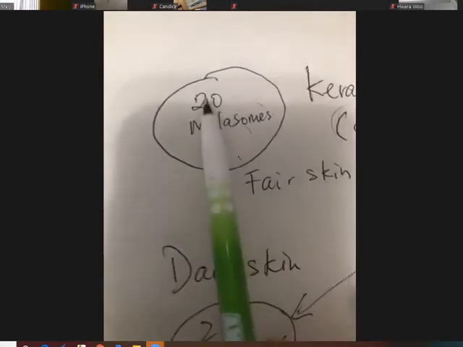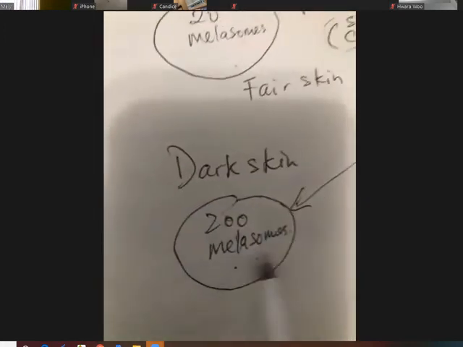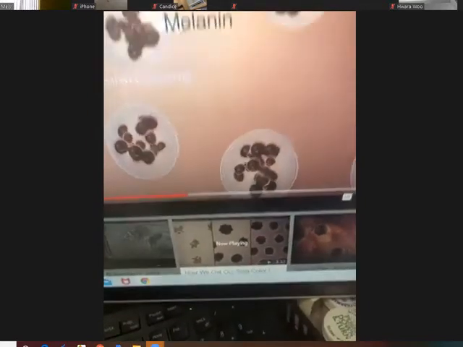Why does darker skin look dark? Because imagine your melanosome is like a factory in a cell. This one only has 20 factories to produce melanin, but this dark skin one has 200 factories to produce melanin. Remember, melanin is what determines your skin color.